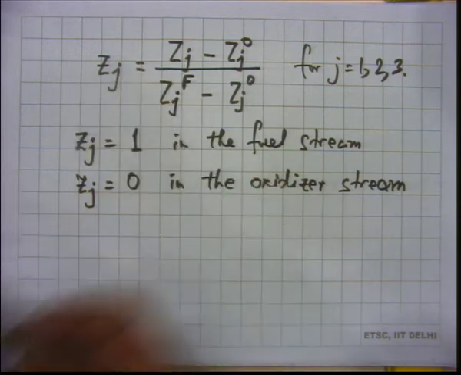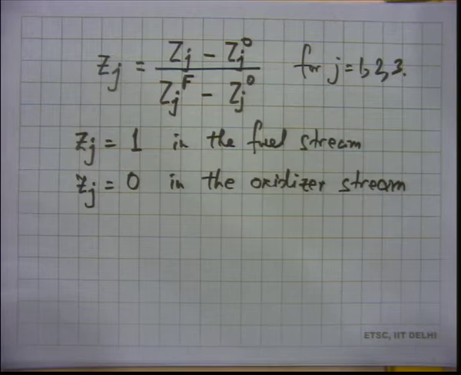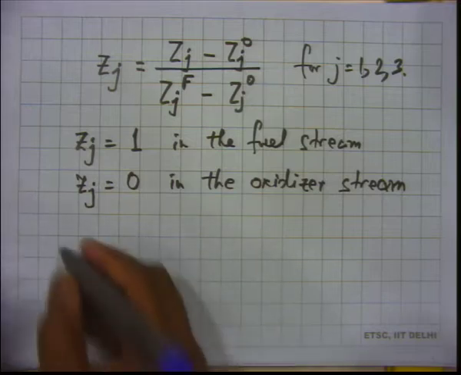So there are 3 small z's, and all of them will be equal to 1 in the fuel stream and 0 in the oxidizer stream. Now, what equation do these small z's satisfy? The small z's will also satisfy an equation like this.